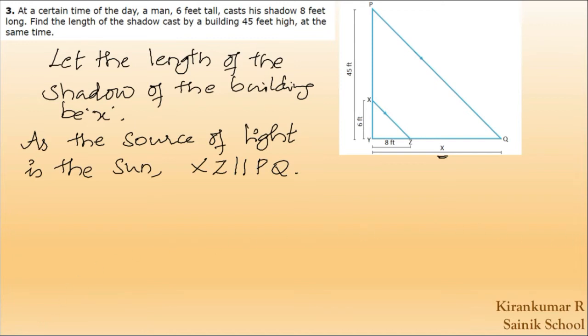Here, when XZ is parallel to PQ, the corresponding angles will be equal. This angle and this angle are corresponding angle, and this angle and this angle are corresponding. It's a common angle. So by AAA criteria, I can say that triangle XYZ is similar to the triangle PYQ.